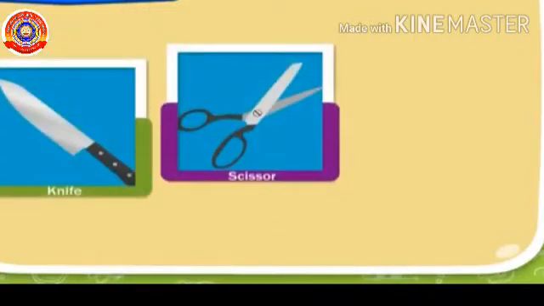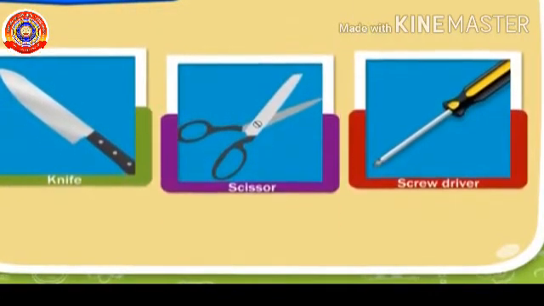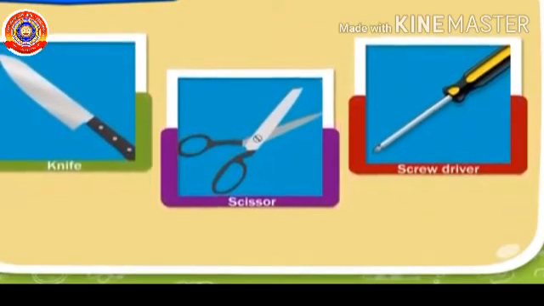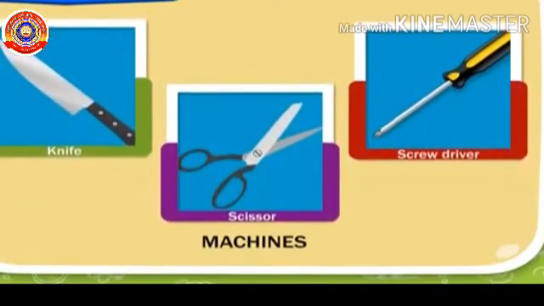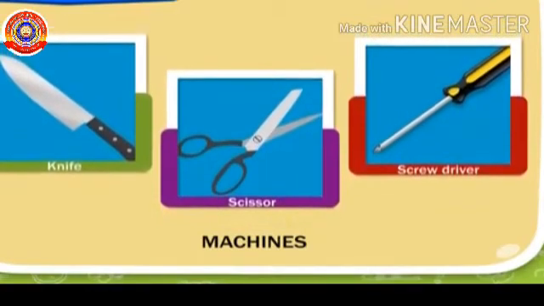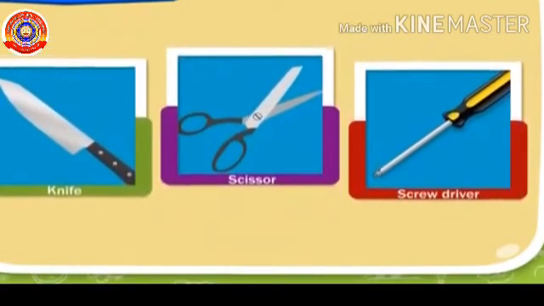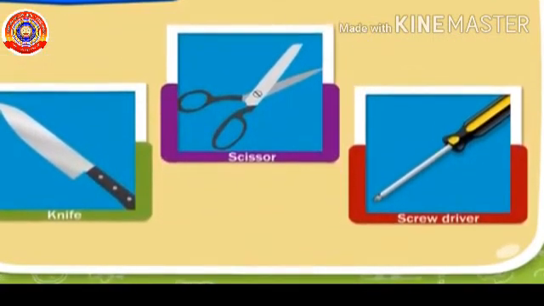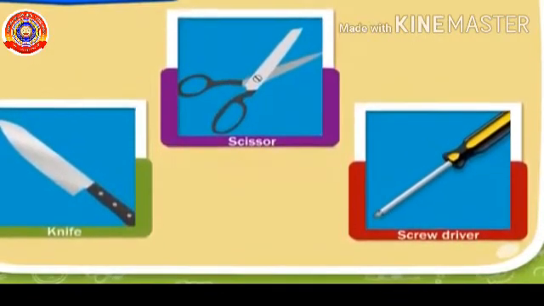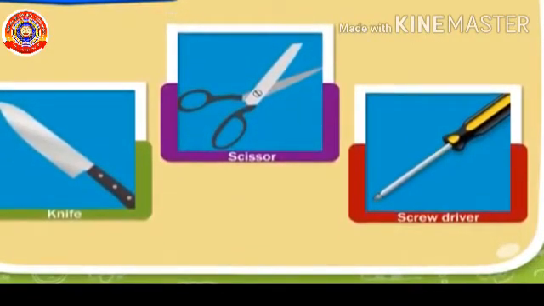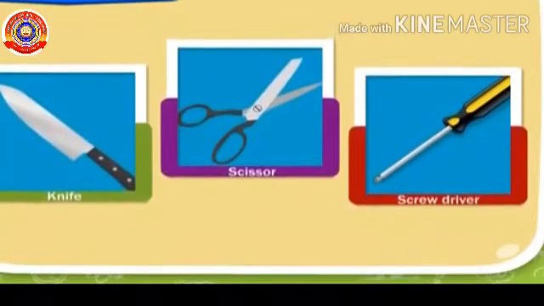You see a knife, a scissors or a screwdriver in your home. If someone says that all these things are machines, will you believe it? Perhaps you will not. But this is true. They are also machines.